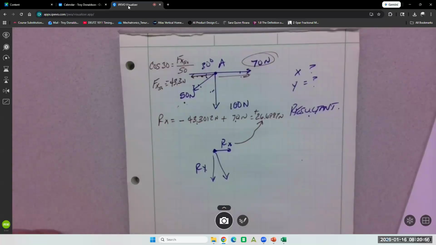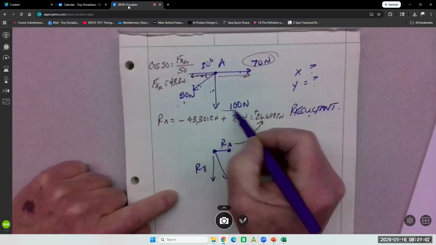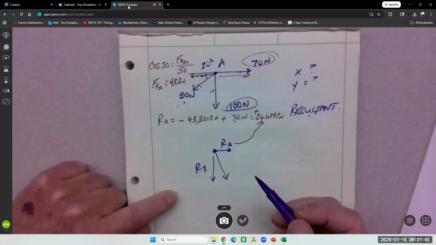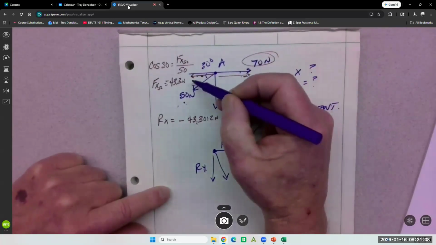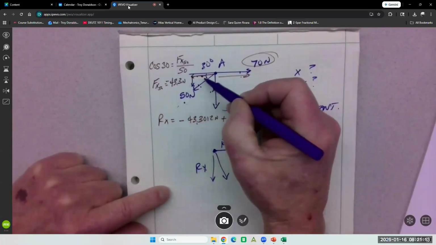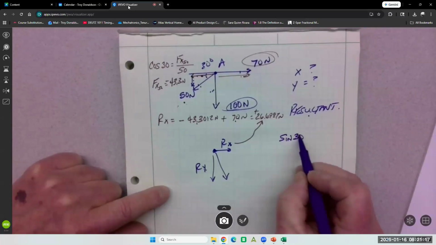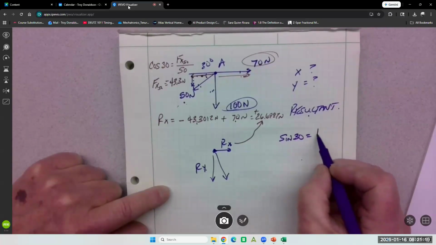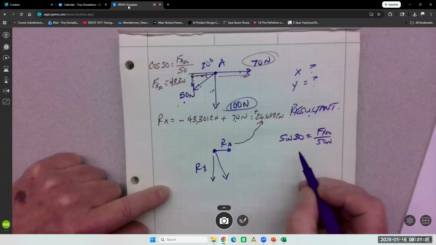That makes sense? I'm following. Yeah. So then to get to y, we have to collect all the y's. So again, we have an easy one, 100 newtons. The x doesn't have any in the y, so we just need this critter. To get that, that's going to be opposite. It's going to be sine 30 equals opposite, Fy of the 50, over 50 newtons.